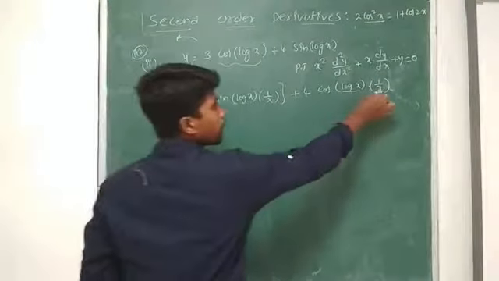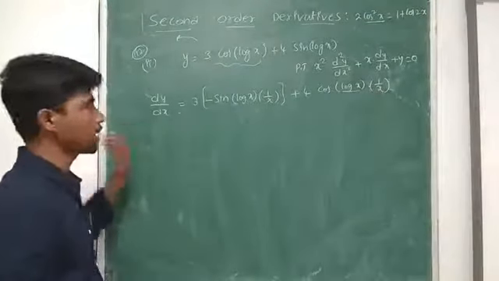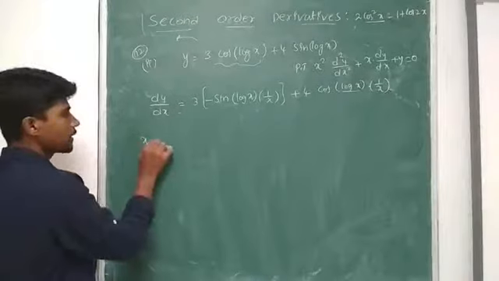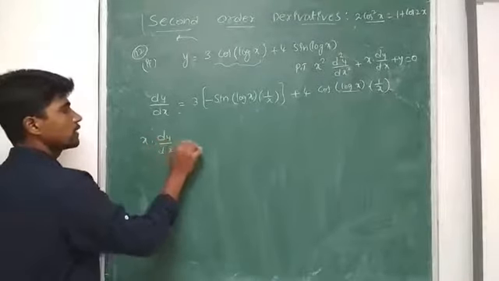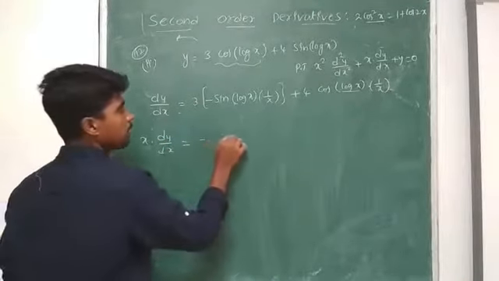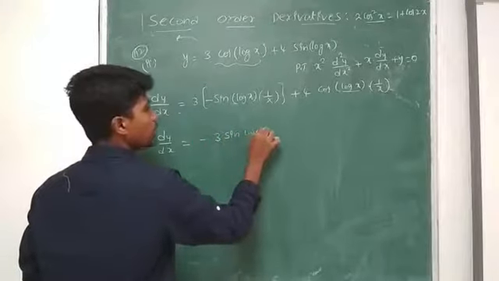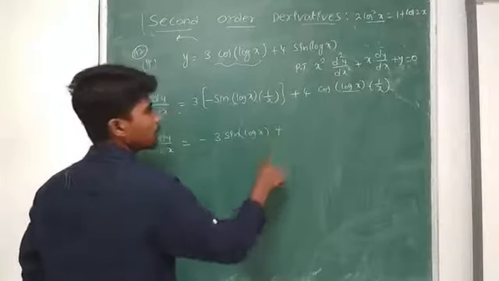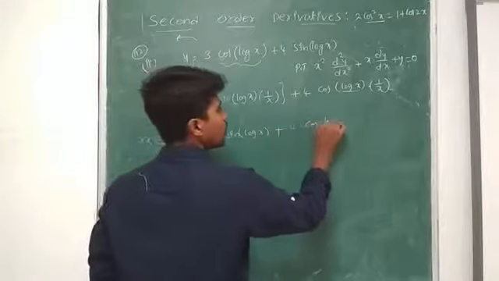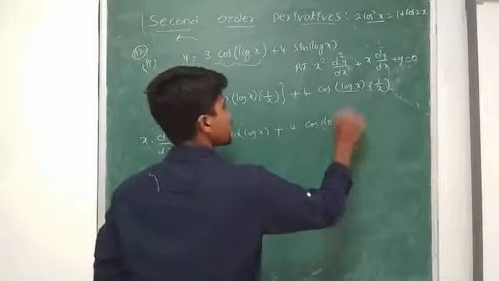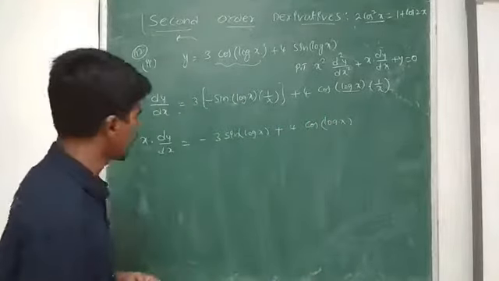See, both have 1 by x. So take 1 by x common and transfer to left side. Then we get x into dy by dx is equal to minus 3 sin log x plus 4 cos log x.